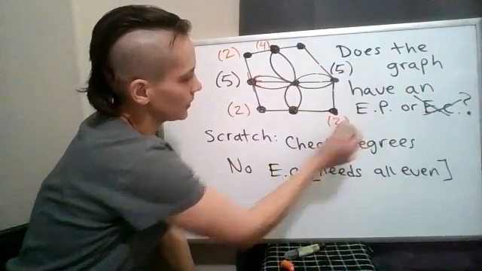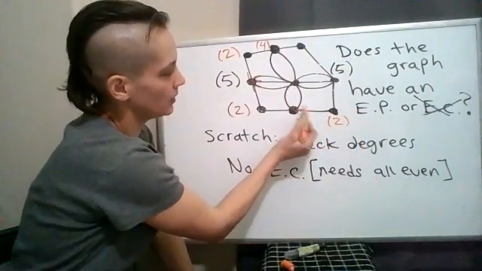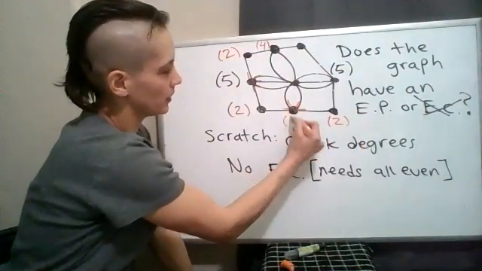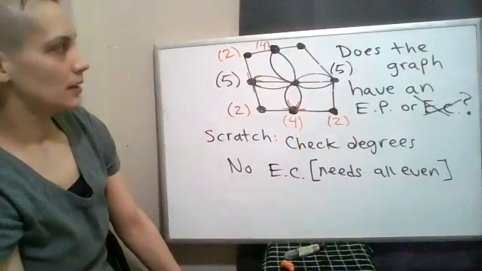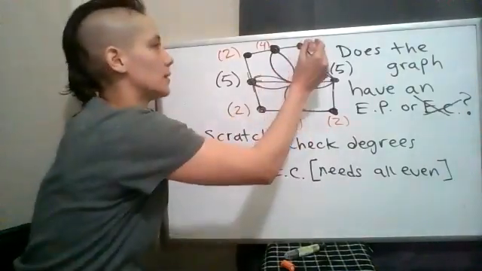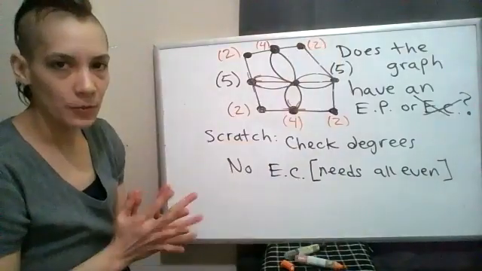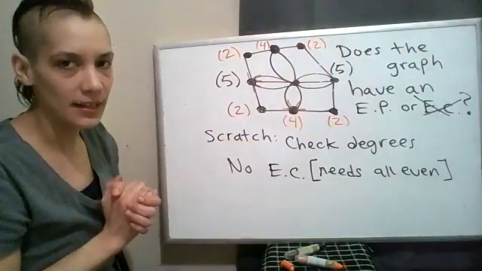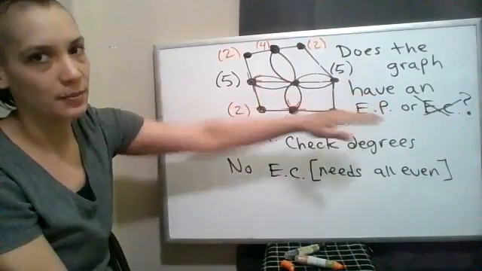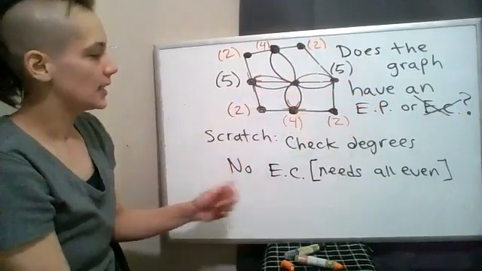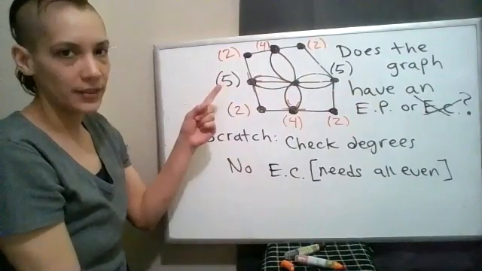This is a 2. So 1, 2, 3, 4. There's a 2. So it's this middle one that I'm worried about. If it's odd, then we don't have an Euler path. But if it's even, then I can find an Euler path from that graph.